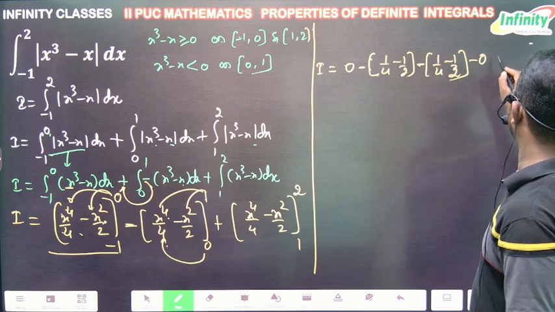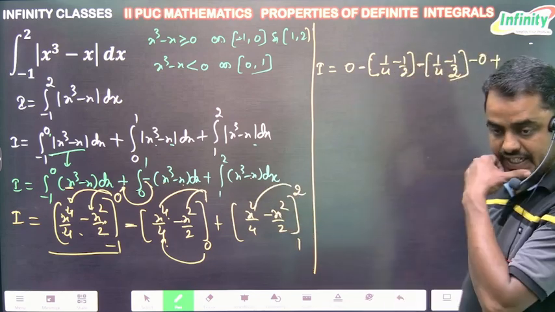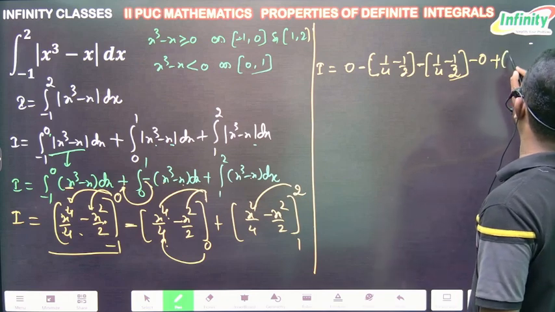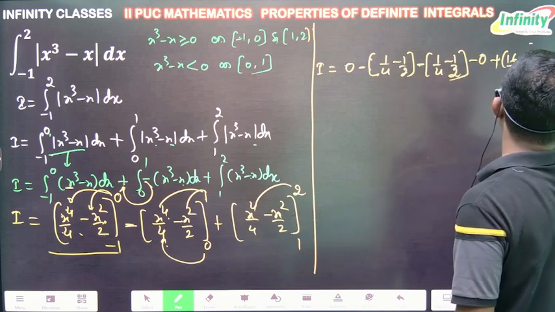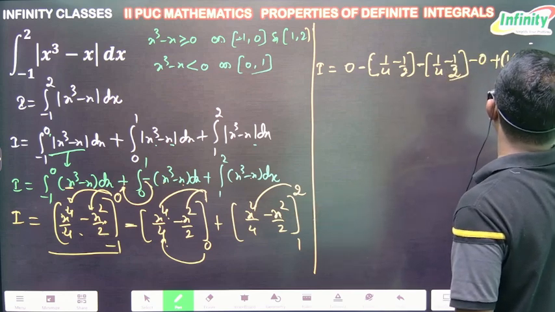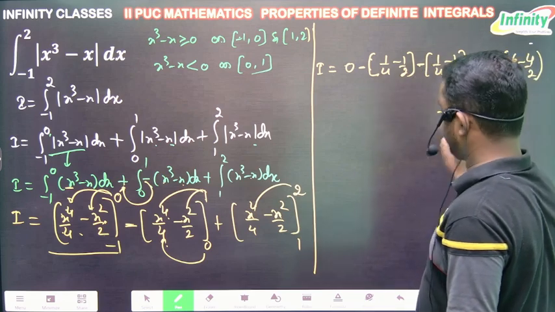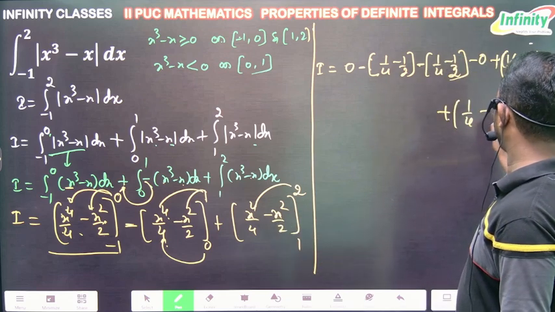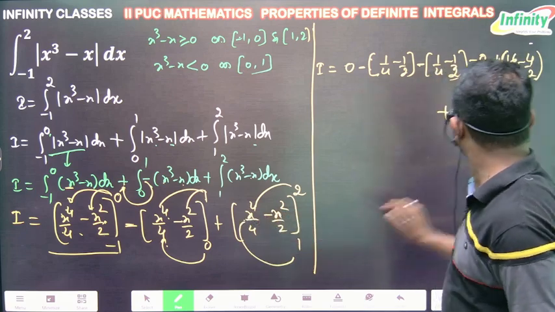Now last one is what? Plus here. That is 2 raised to 4 means what? 16. 2 2s are 4, 4 2s are 8, 8 2s are 16. That is 16 by 4 minus 2 square means what? 4 by 2. Plus 1 by 4 minus 1 by 2. This one, 1 raised to 4 minus of the lower limit.